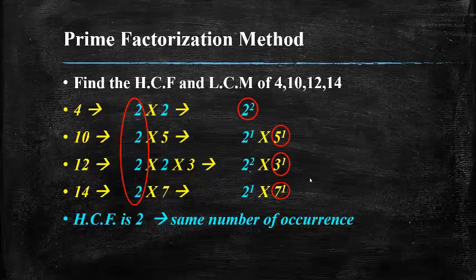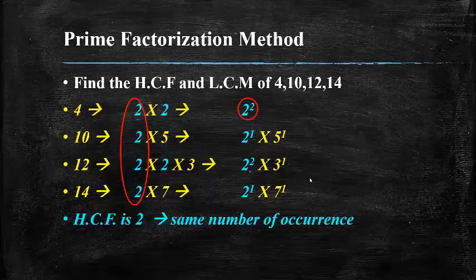So we are going to identify the unique prime factors with their highest power. 2 has appeared 4 times for all four numbers, but I'm going to take the power value of 2 with its highest power. You can see 2 power 1 and 2 square, so 2 square has the highest power when compared with 2 power 1.